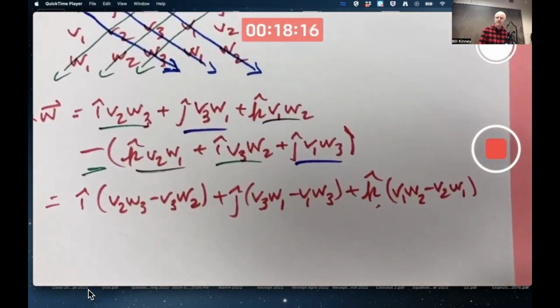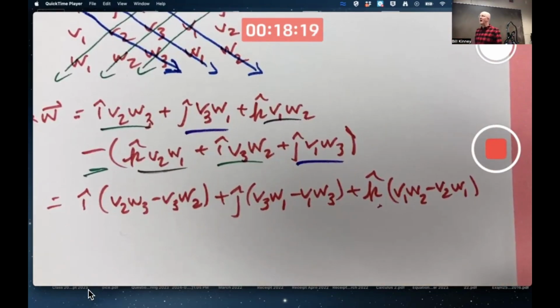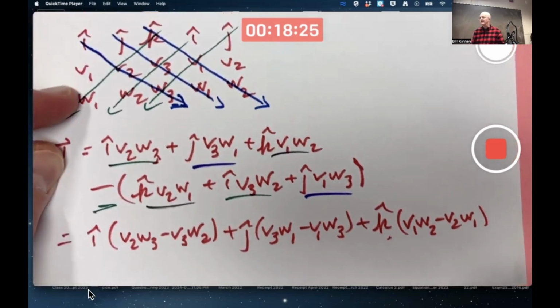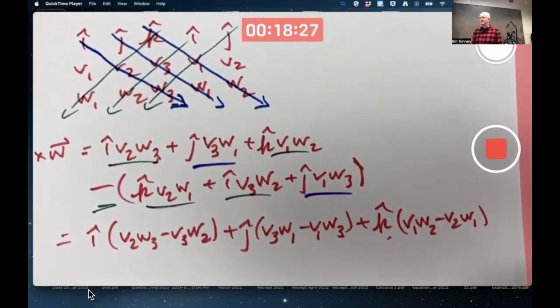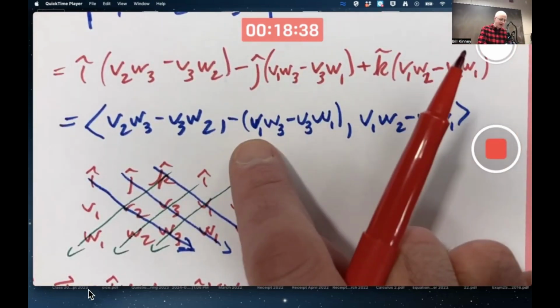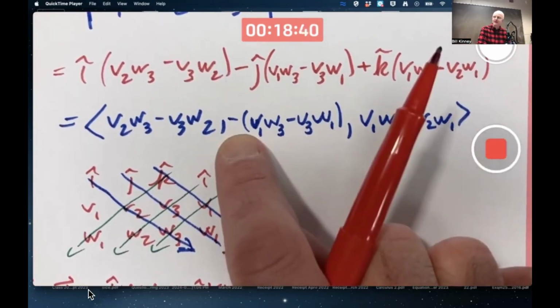It does work. It's a bit more fun, more quick, less prone to mistakes if you have actual numbers in here for the V's and the W's. But I wanted to show you it does give you the same answer. And you don't have to write this one in factored form with a minus sign out there.